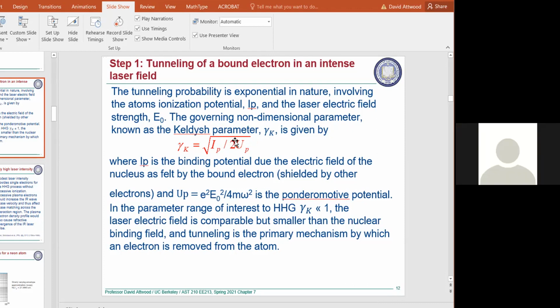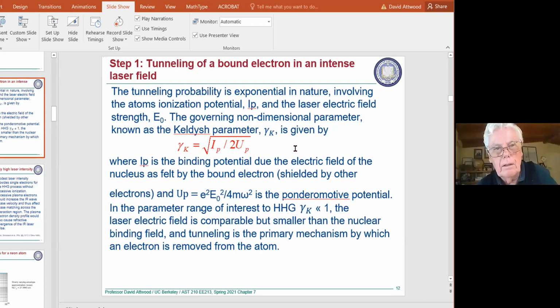Yeah, so what I'm confused about is, if a higher gamma means there's a high probability of electron tunneling, then it looks like this tunneling probability increases with the ionization potential.